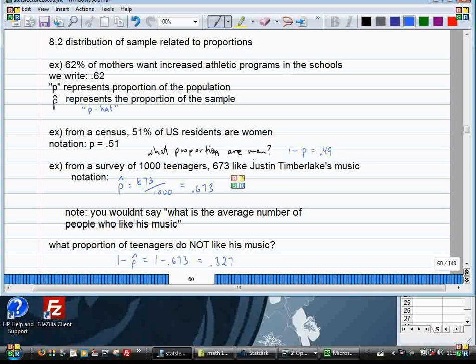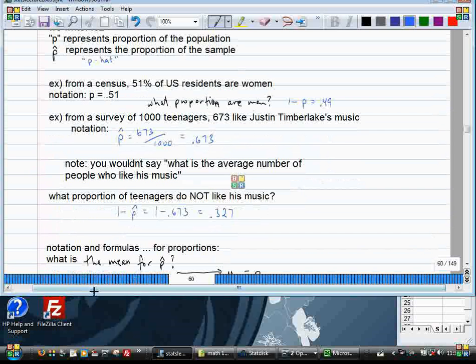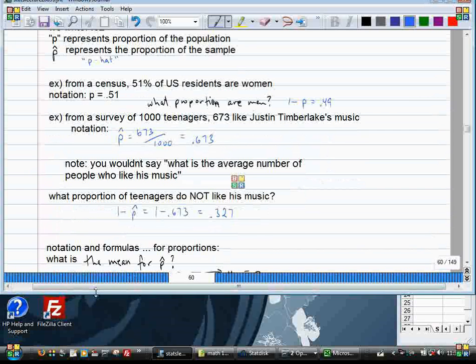Everything that we did previously when talking about means, we're now going to say how do we do all those things, but with proportions. So one thing we have to ask is, what is the mean for p hat?